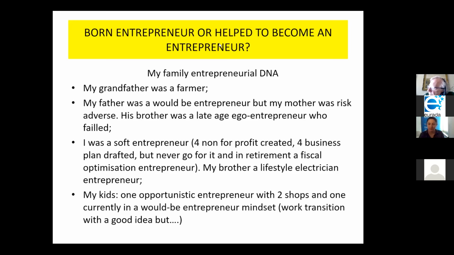And he said, great opportunity to take over it and to offer the position of manager of the shop to his wife. And the other is a little bit like me, or like his grandfather, a would-be entrepreneur mindset.